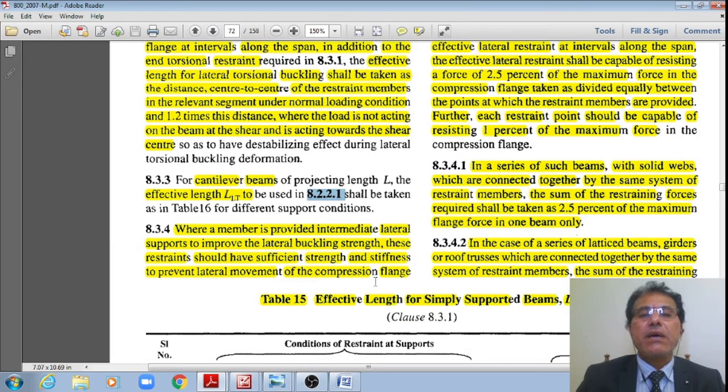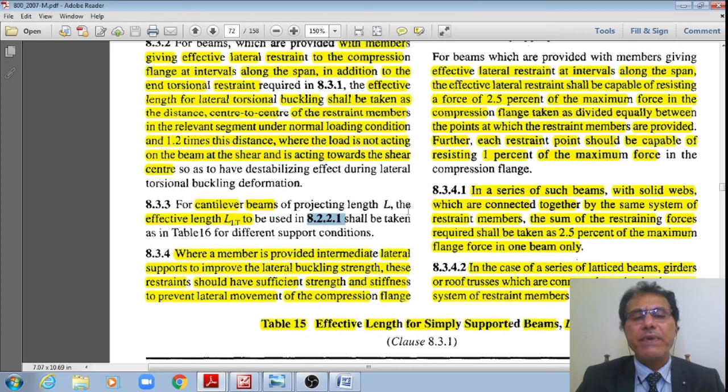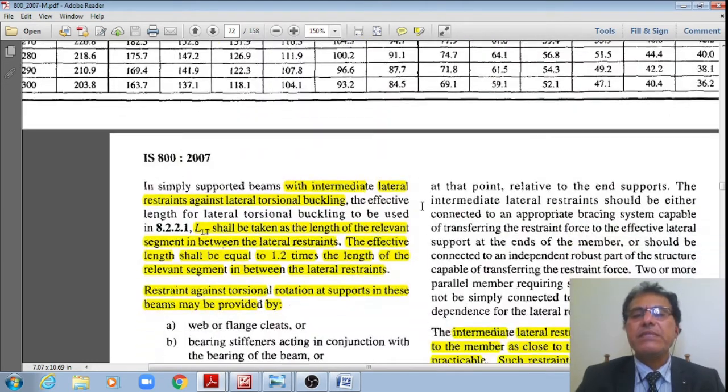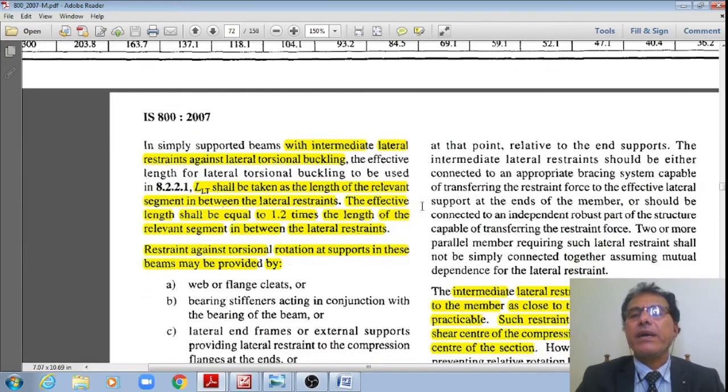Now, student, where the member is provided intermediate lateral supports to improve the lateral buckling strength, these restraints should have sufficient strength and stiffness to prevent lateral movement of the compression flange at that point, right?